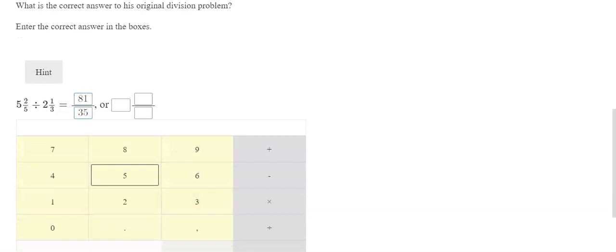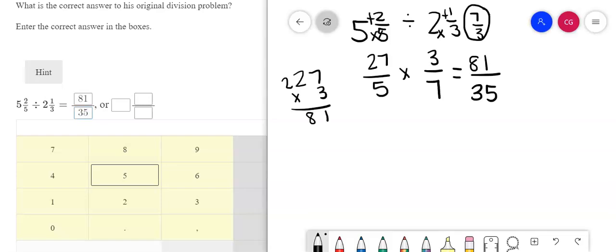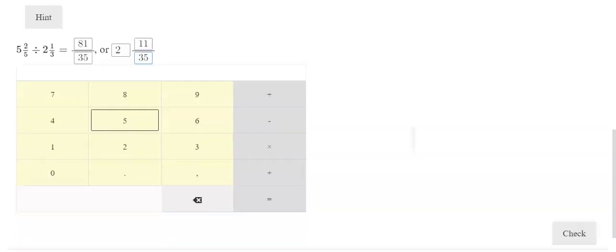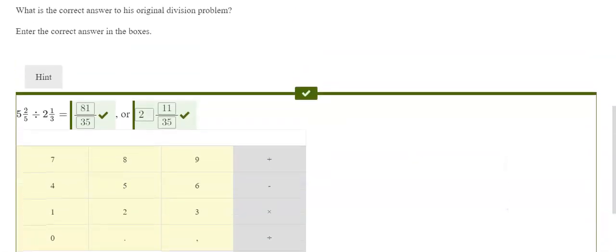And now we need to change it into a mixed number. So we do 81 divided by 35. 35 times 2 is 70. So 2 11 over 35. Let's check it out. And we got the right answer.